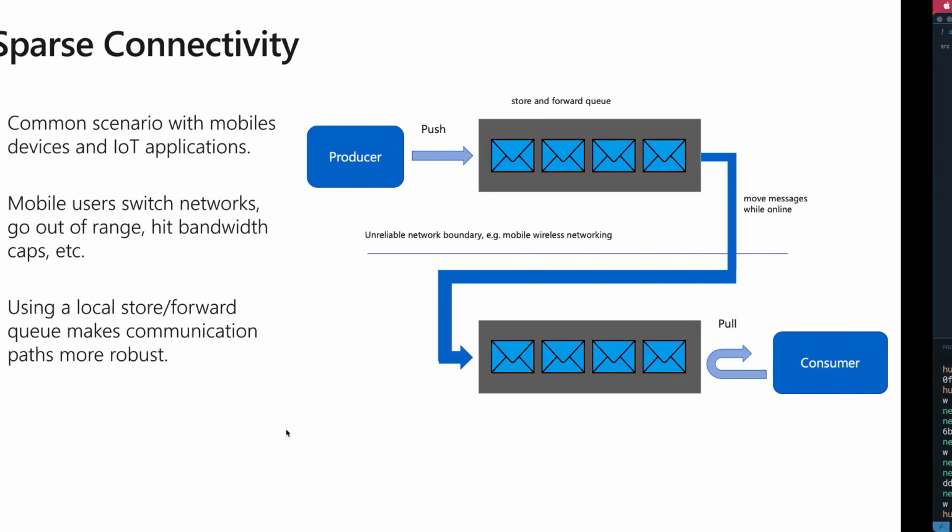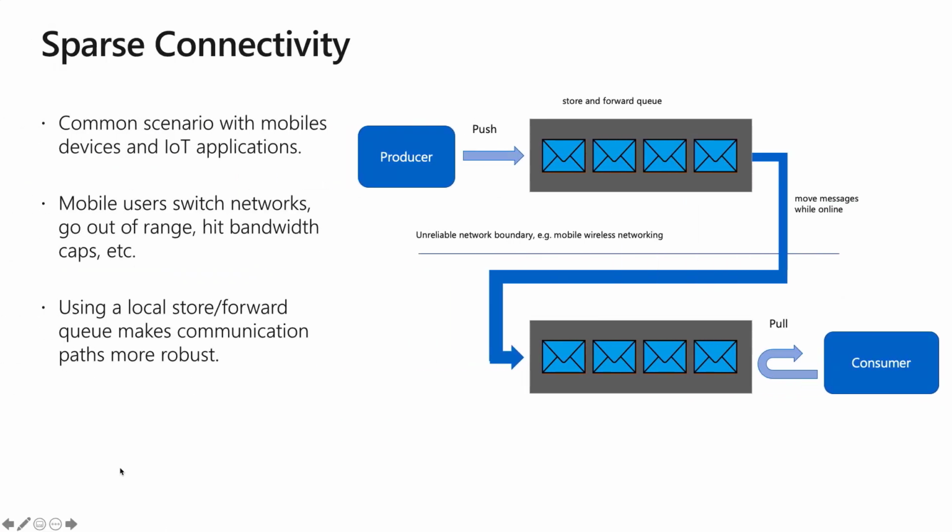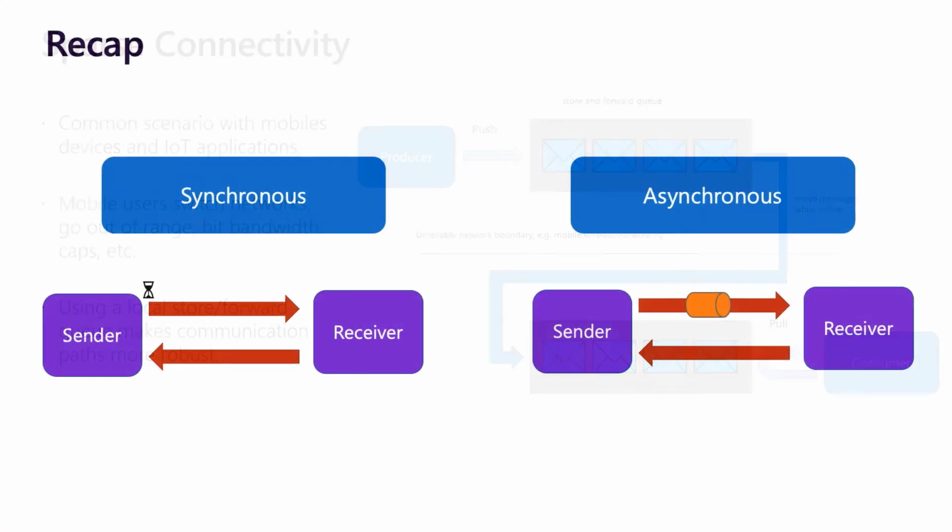So there you go. Let's head back to the slides and round off what we talked about today. We talked about different ways of communicating with our distributed systems. We looked at synchronous communication, and in that scenario, we have a sender and receiver. They both know where each other are, or at least the sender knows where the receiver is.